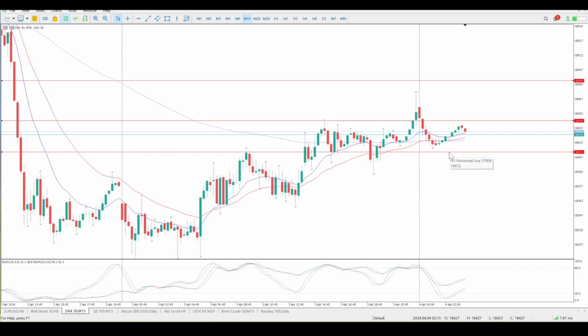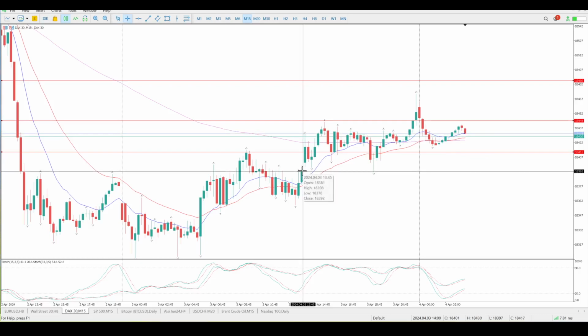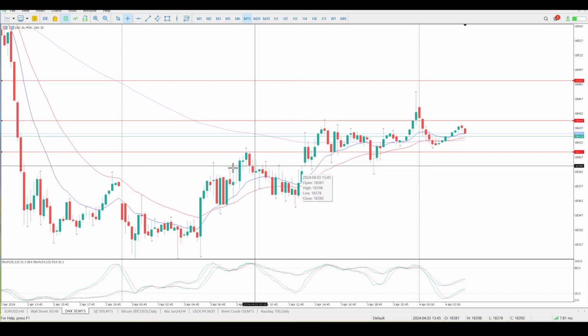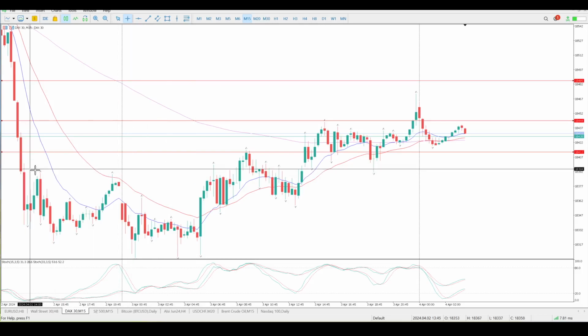The first break of structure to the downside is going to be at 18,412. There is a bit of a gap that's still open, at 18,392, and if you look left, there's a lot of structure here on my cursor, so you'd probably find support there. I don't think it'll break through there.